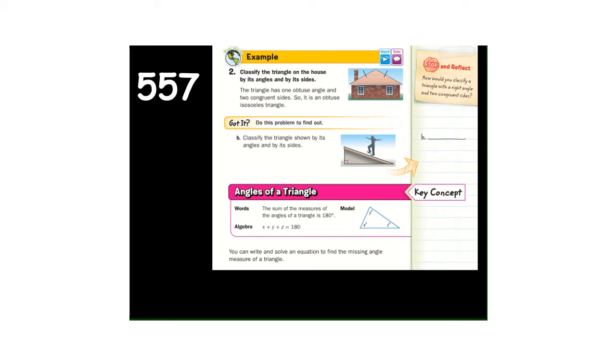Pause and write down the answer for letter B. Classify that. It is a right triangle and none of the sides are the same length. So that is a scalene, right scalene. Okay. And then angles of the triangle, I already explained that. That means all three angles in a triangle add up to 180 degrees.